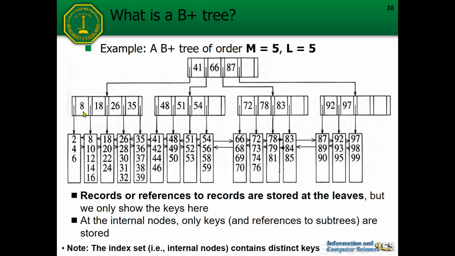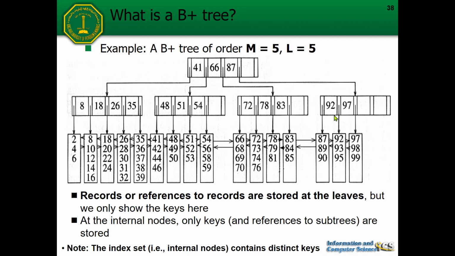You can see that the content of this node, which is 8, 18, 26 and 35, is not randomly decided, but they are from the smallest value in the right child. So for example, the 8 in this position is from this key, 18 from this key, 26 from this key, 35 from this key. And for this node, 48 from this key, 51 from this key, 54 from this key, and so on. That is the rule for the internal nodes.